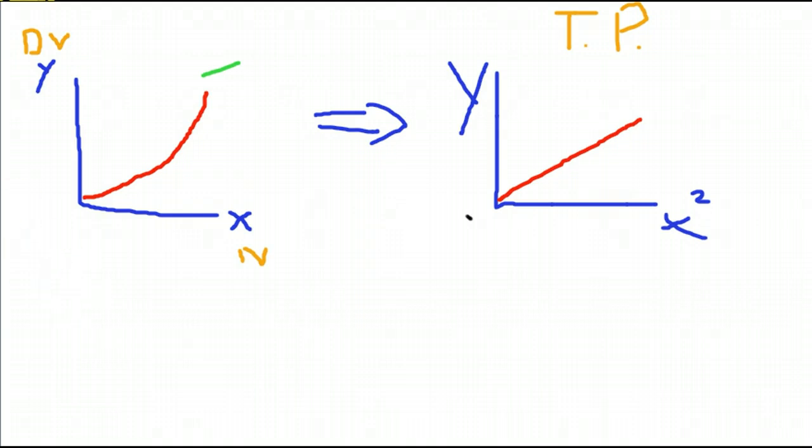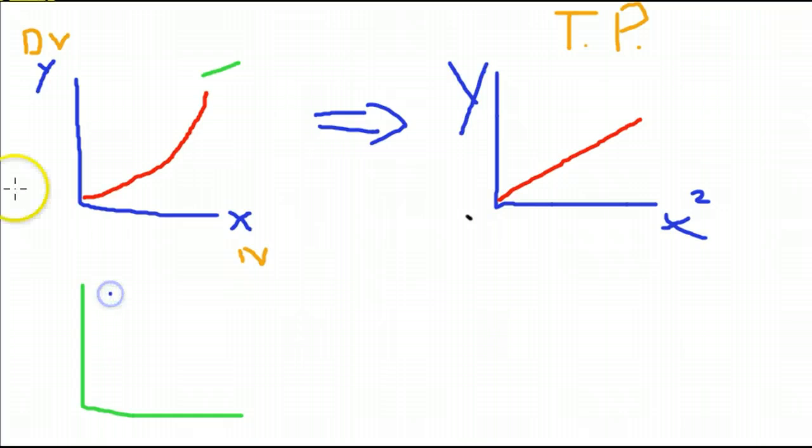Suppose instead we have a graph that looks like this. And suppose we have a graph that basically, let me try a different color here. On this graph, we find that we have this shape instead.